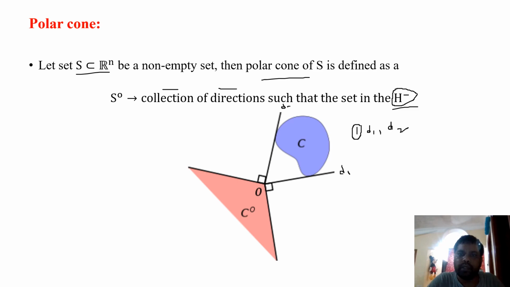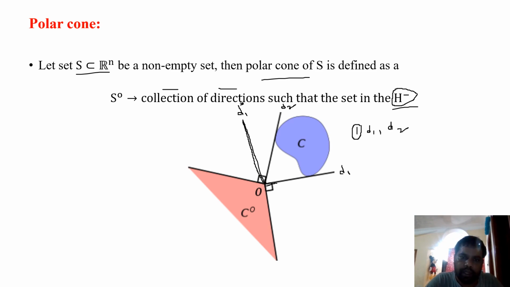Remember that if you draw a perpendicular to this, then this one is D1 star, the dual extreme direction with respect to D1.